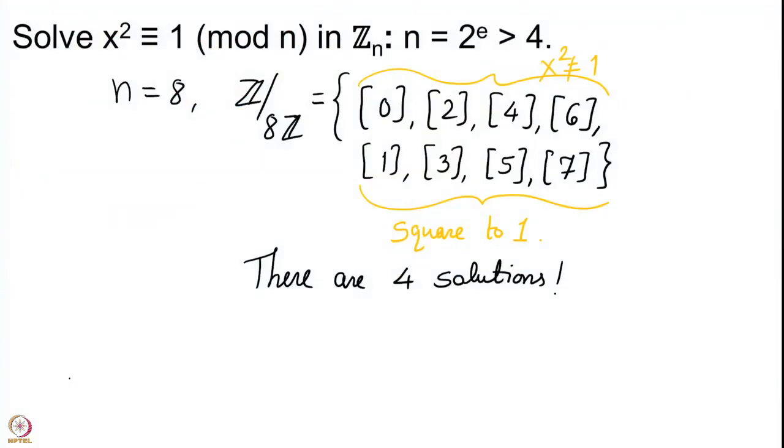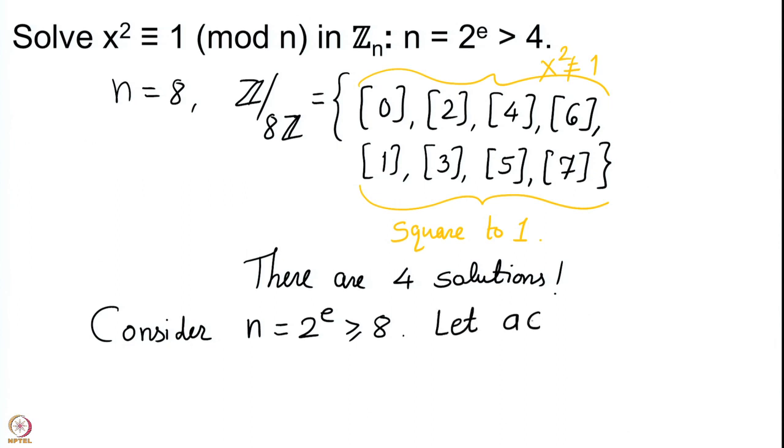Whenever you have n equal to a power of 2 which is bigger than or equal to 8, then there are exactly 4 solutions to x square congruent to 1 modulo n. This is the thing that we would now like to prove. So, consider n equal to 2 power e and assume that this is bigger than or equal to 8.